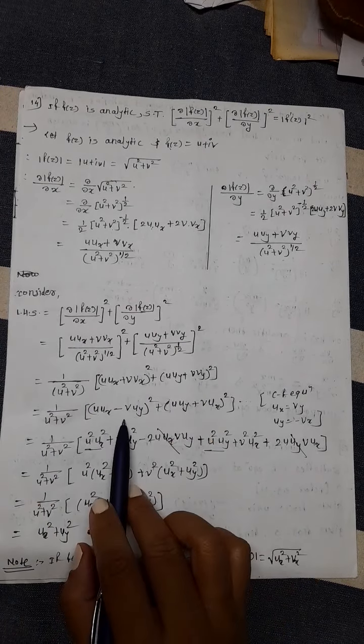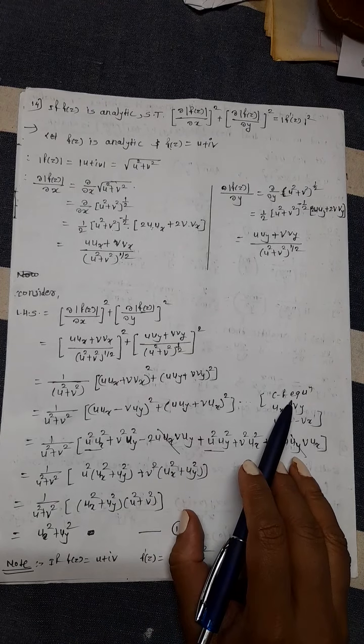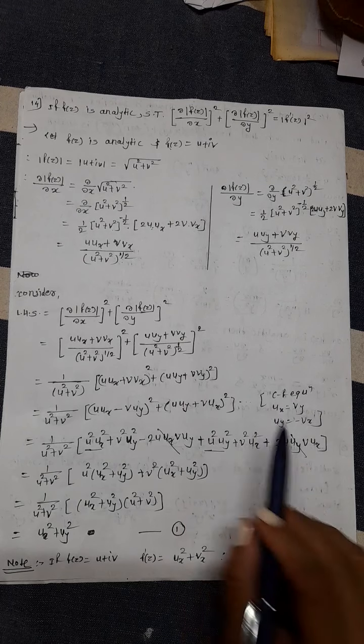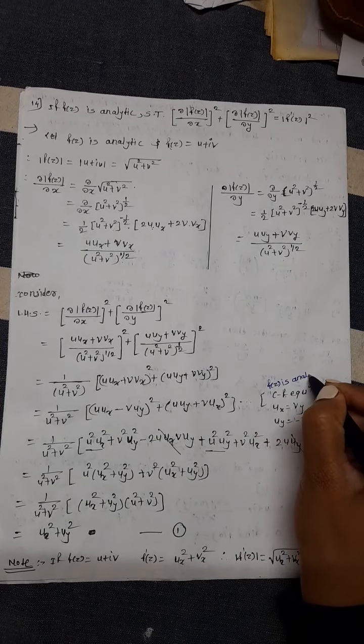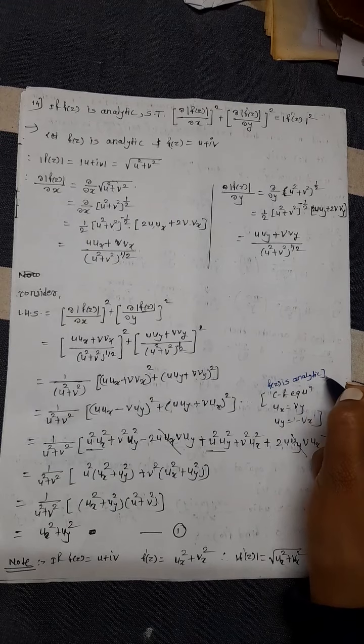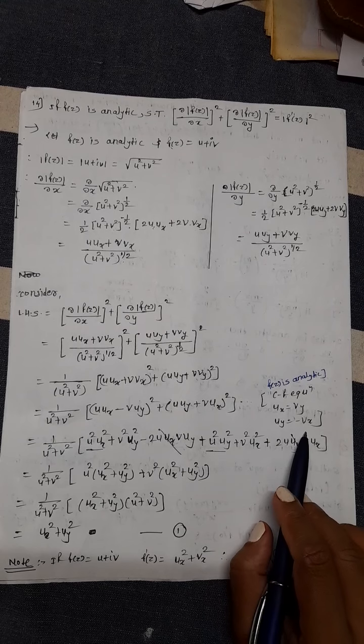Now we have to use the CR equations here. What are the CR equations? The Cauchy-Riemann equations. Why are we using them? Because it is given that z is analytic. That's why the CR equations are ux is equal to vy, and uy is equal to minus vx.